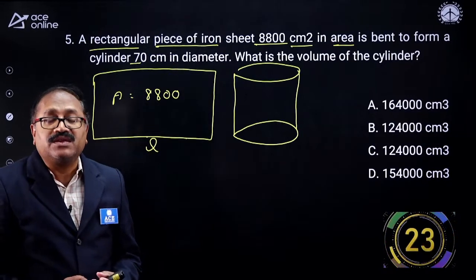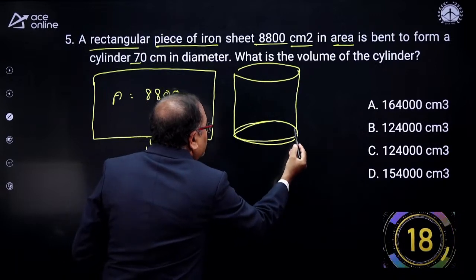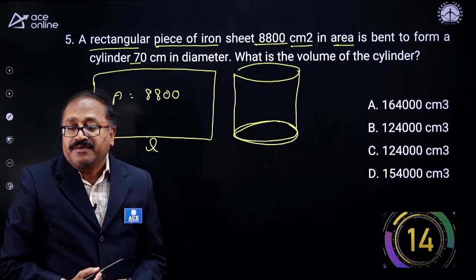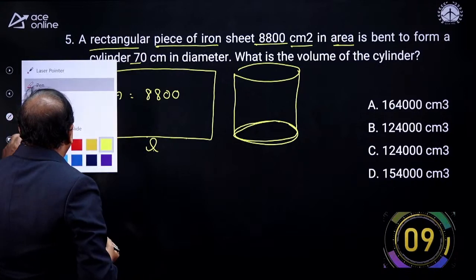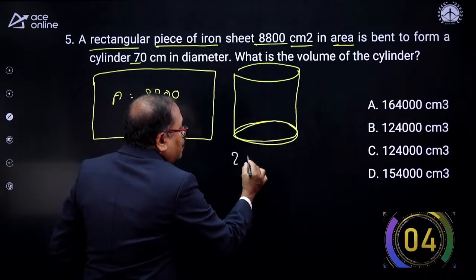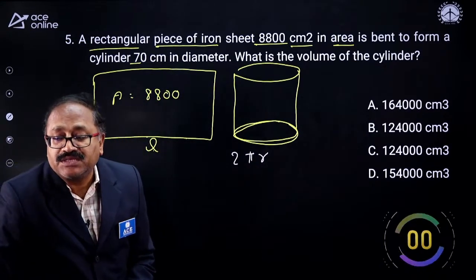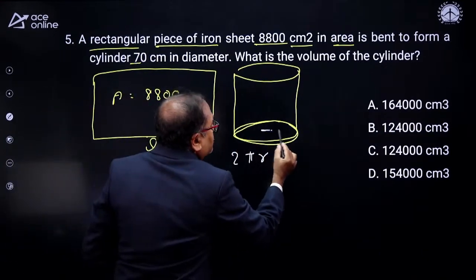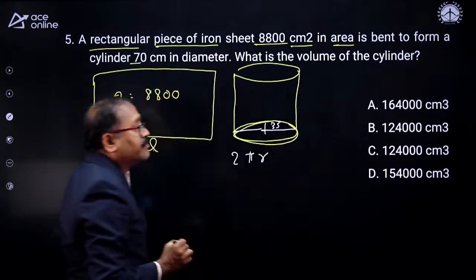Circumference of the cylinder is equal to length of the sheet. And what is the circumference of the cylinder? A little hint for you. What is the circumference of the cylinder? That is 2 pi r. If diameter is 70, then the radius will be 35.